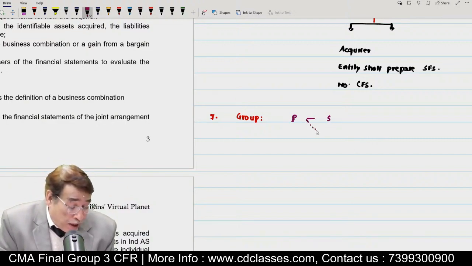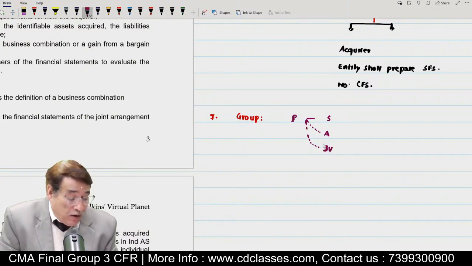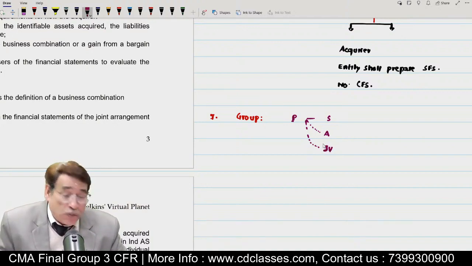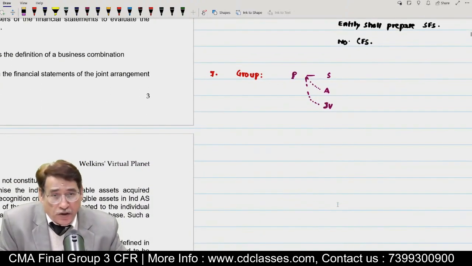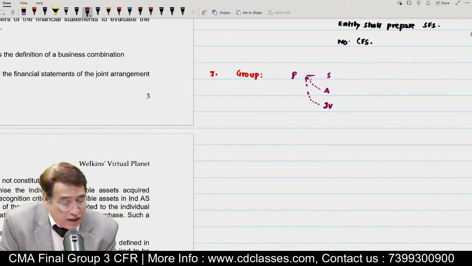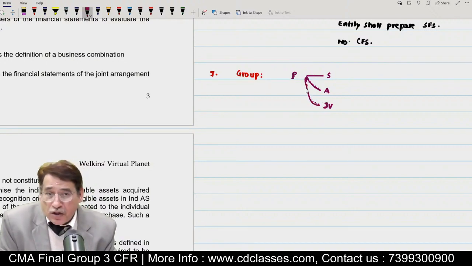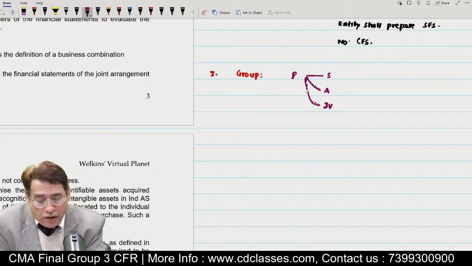A group could comprise parent and associate, as we have already seen, correct? A group could also comprise parent and a joint venture. Regarding joint ventures, you will learn when we move over to the standard where we talk about joint arrangements, joint ventures, joint operations. At this moment, it suffices to say, when we say group, we are referring to parent and subsidiary, or parent and associate, or simply investor and joint venture. Is it clear to you or not? So group is very simple to understand.